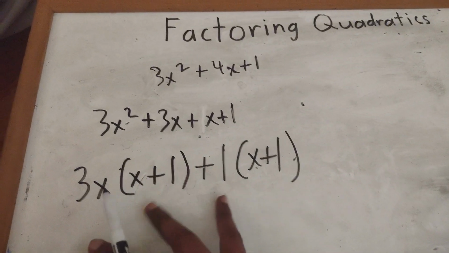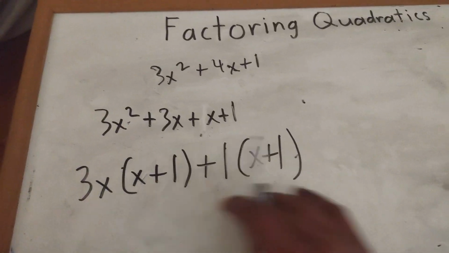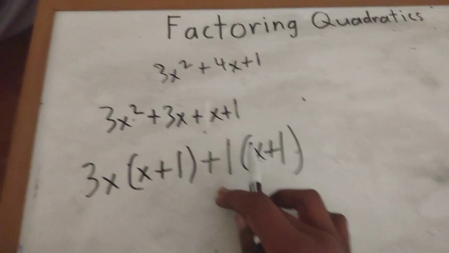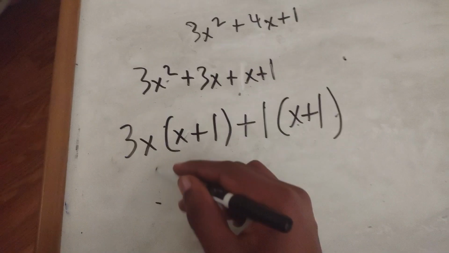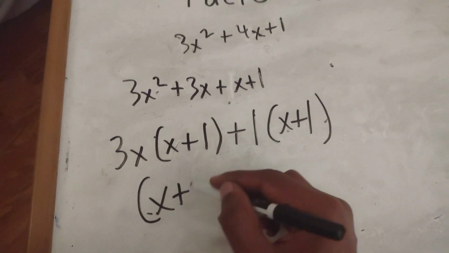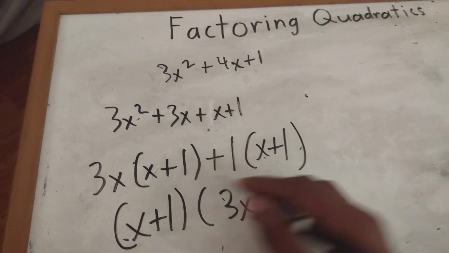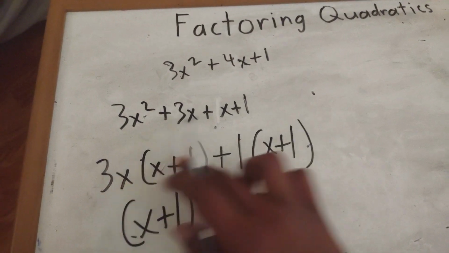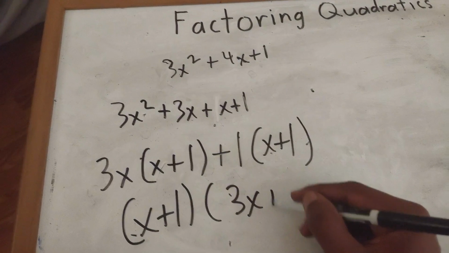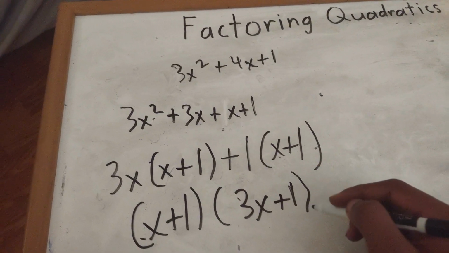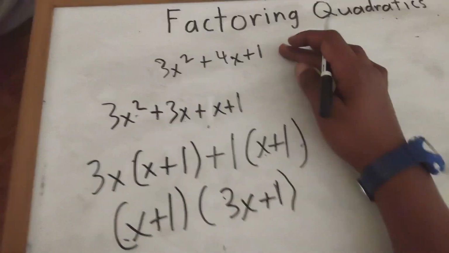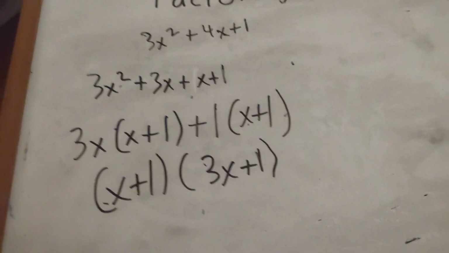Since x plus 1 is common in both these terms that are being added, then we can factor out that x plus 1, and inside would just be 3x plus that 1. And you can FOIL this out to get the original quadratic.